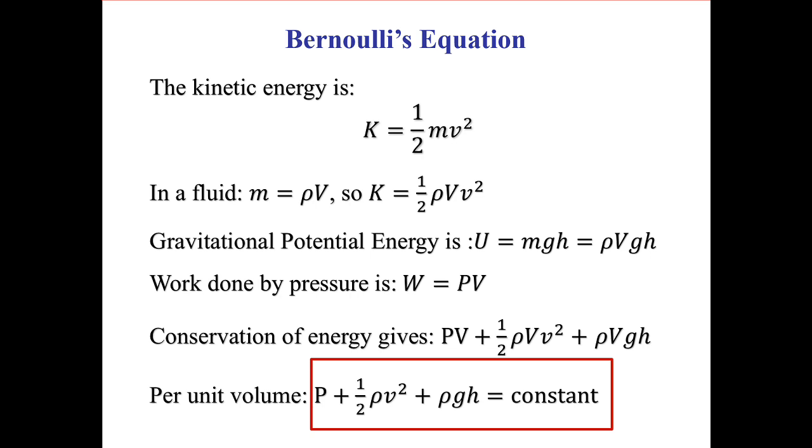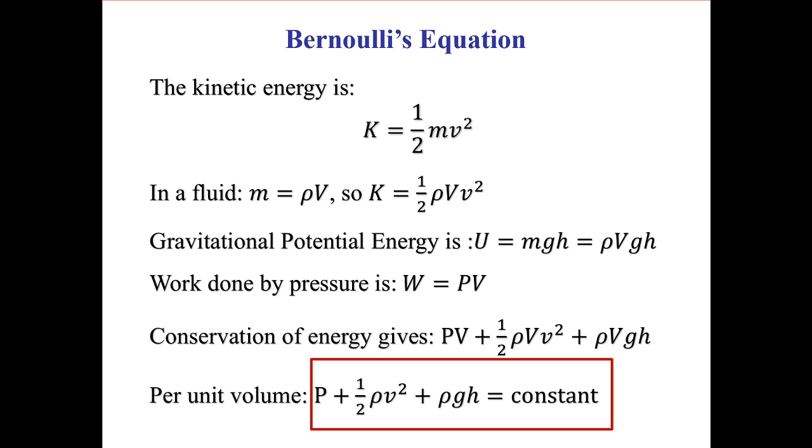Let's start with kinetic energy. Kinetic energy is 1/2 times the mass times velocity squared. In a fluid, the mass is the density times the volume. So let's rewrite the kinetic energy as 1/2 times rho, the density, times the volume, times the velocity squared. And this is exactly what we had before. It's a perfectly good equation for the kinetic energy.